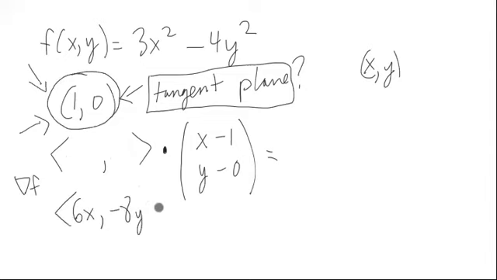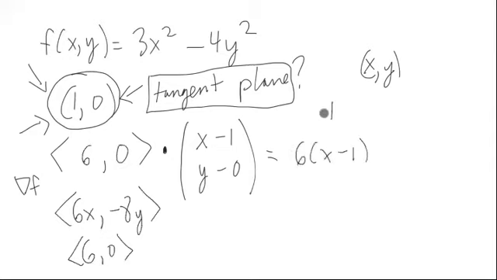That's the gradient as a function, but we plug in the point (1, 0) to find the tangent plane from that point. So the derivative at (1, 0) is (6, 0). We can put (6, 0) in here, compute this dot product, and get 6 times (x minus 1). That represents the rise.